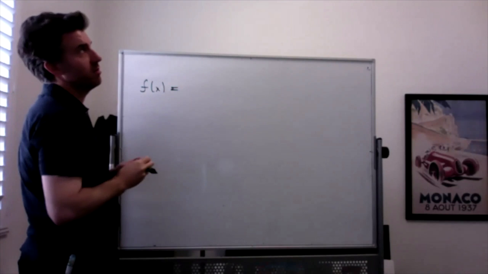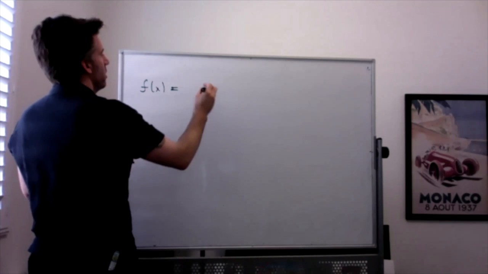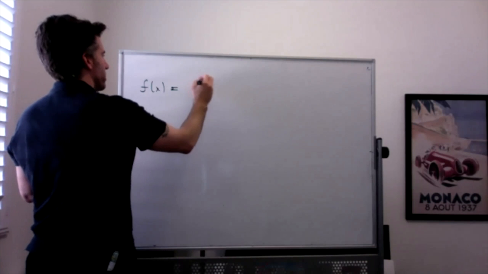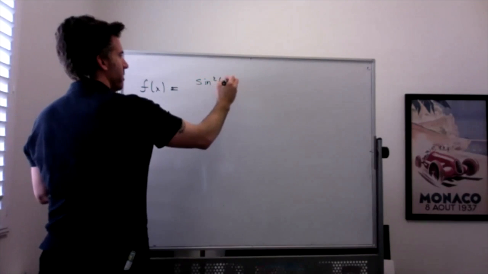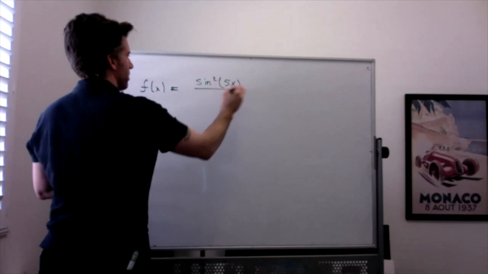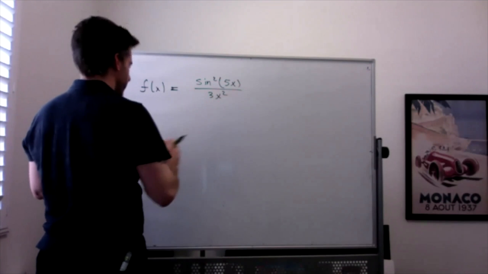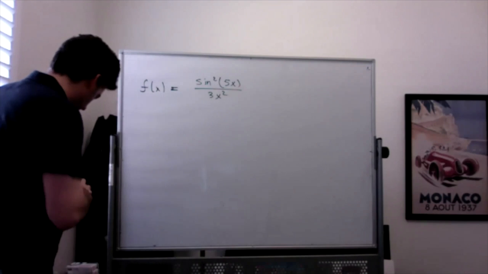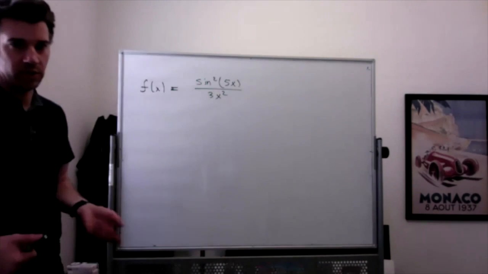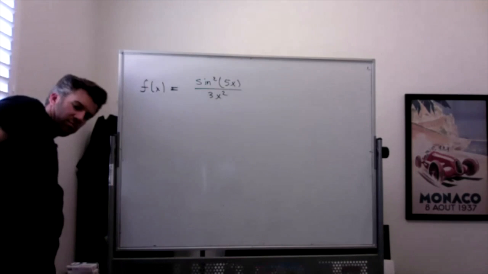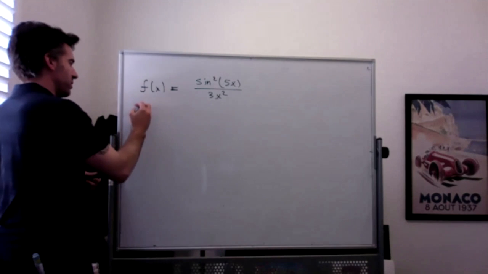How fun do we want it? Sure, let's make it real interesting. Sine squared of 5x over 3x squared. Okay, here is the question. Where is this function continuous?